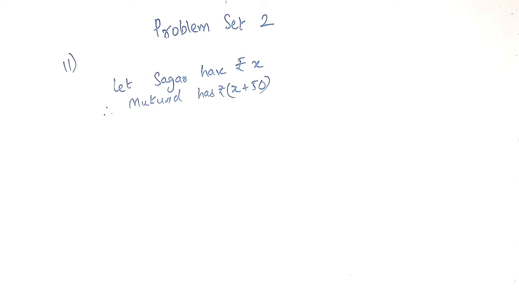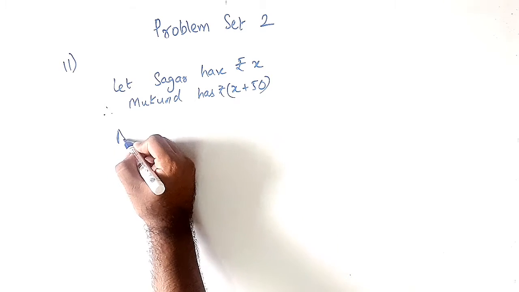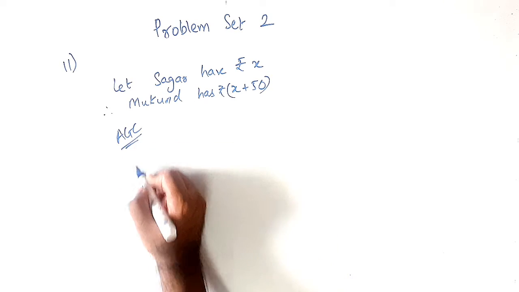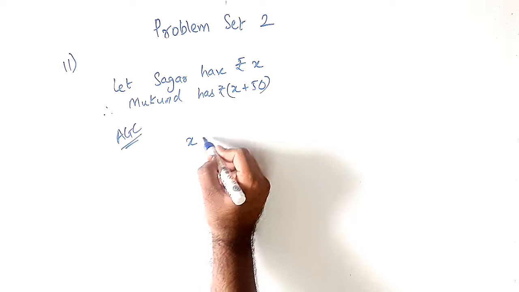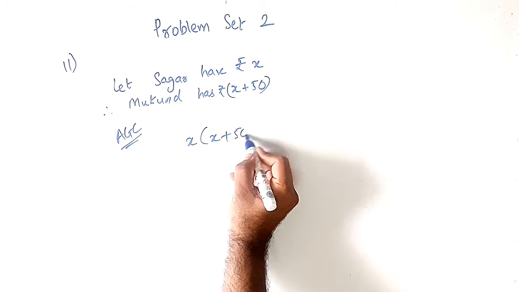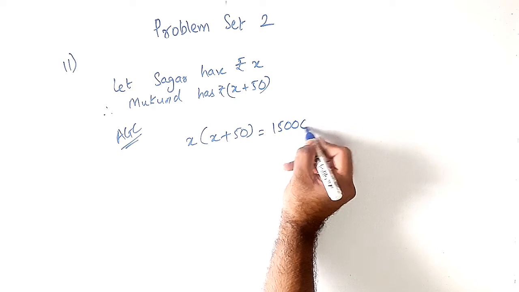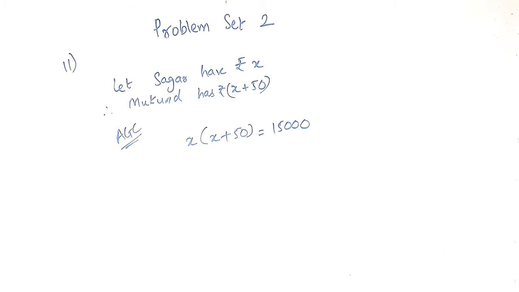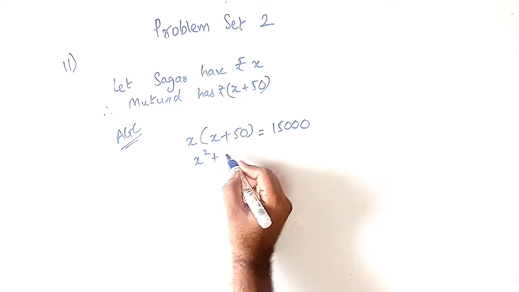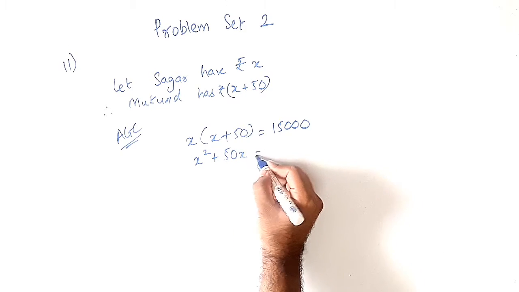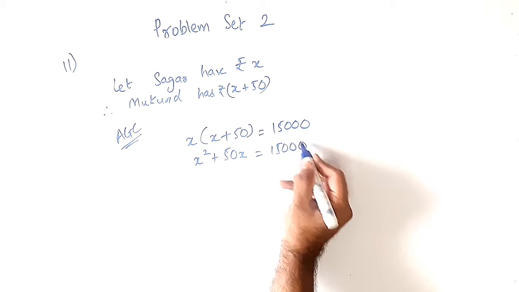According to the given condition, the product of the amount they have is rupees 15,000. So this will be x square plus 50x is equal to 15,000.